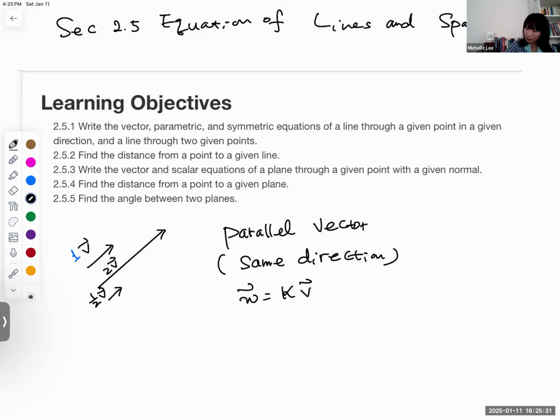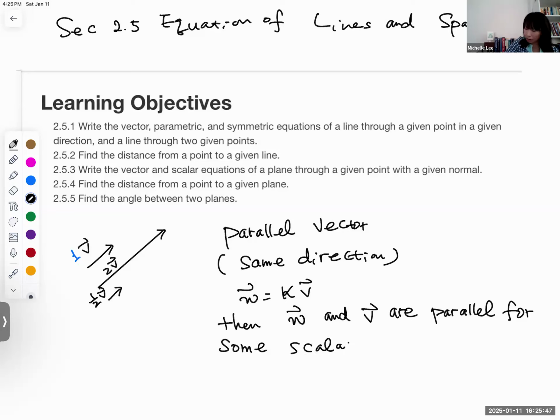All right, then we can say that vectors W and V are parallel for some scalar K.